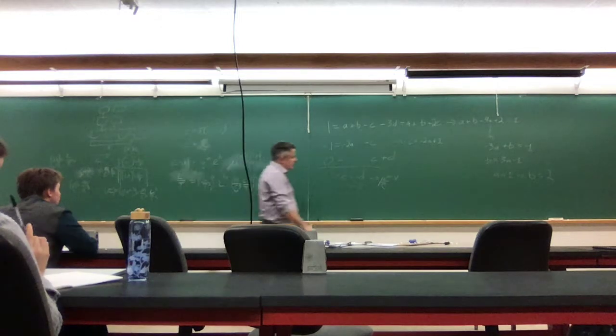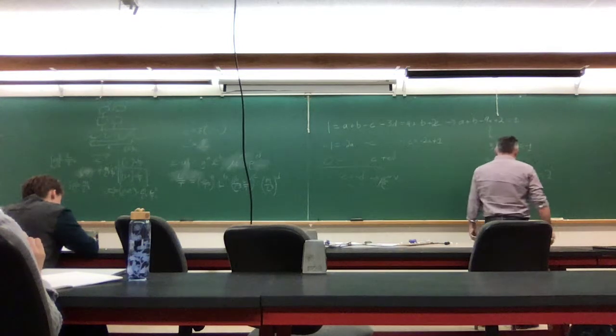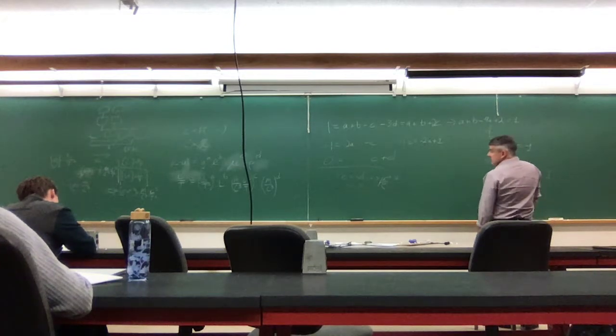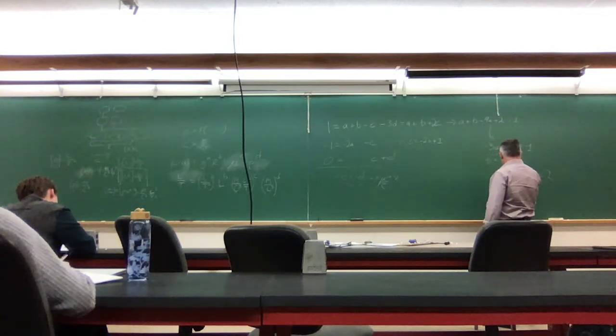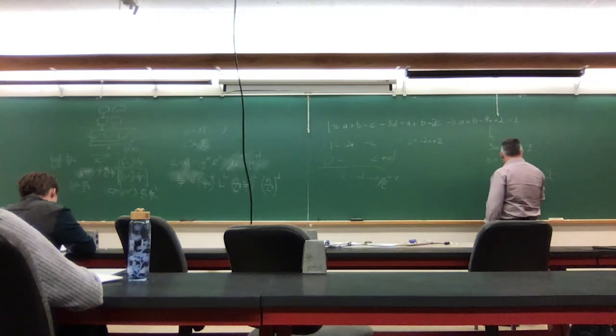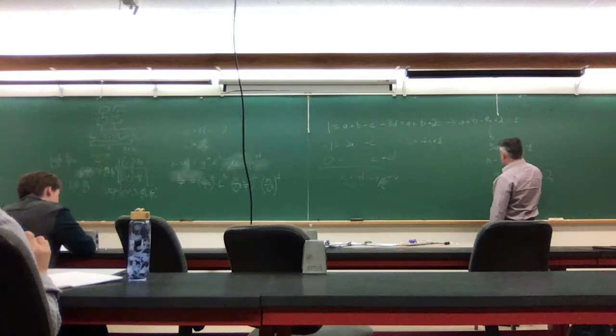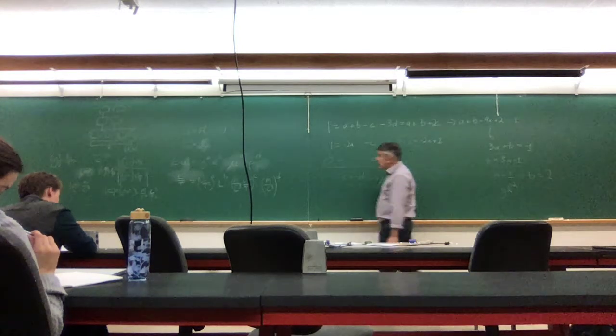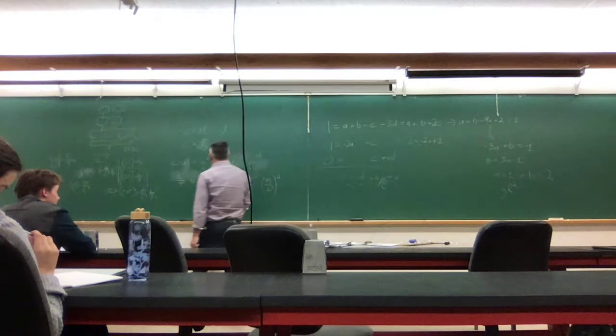So what does that tell me? That tells me that a factor of G times L. I made a mistake. Alright, I definitely made a mistake because it's not what I'm supposed to get.